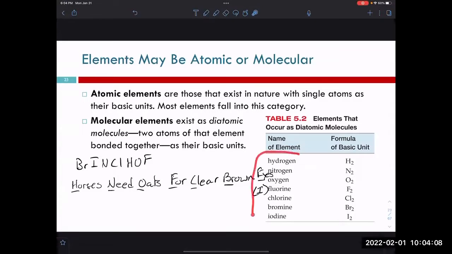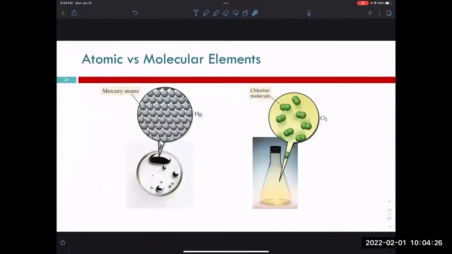These ones exist in nature as diatomic molecules, as I alluded to earlier. So you don't get hydrogen by itself. You get 2 hydrogens bound together as a molecule. Similar to what I was saying with iron, mercury atoms exist as single atoms.